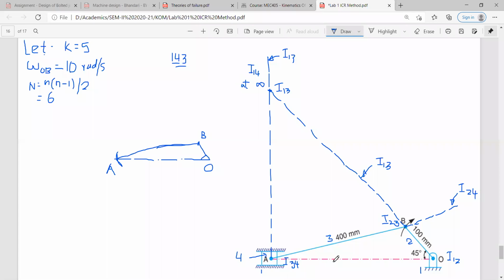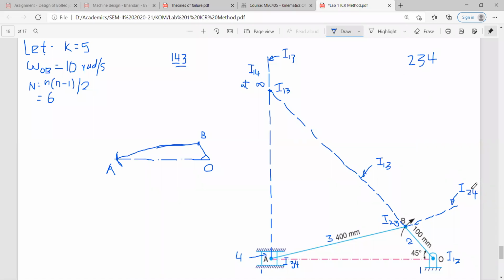So which 3 links we considered? We consider the 3 links 2, 3 and 4. इस इन 3 लिंक से हमें ये 3 ICR एक ही लाइन पे मिल रहे हैं. ठीक है, ये लिंक से.